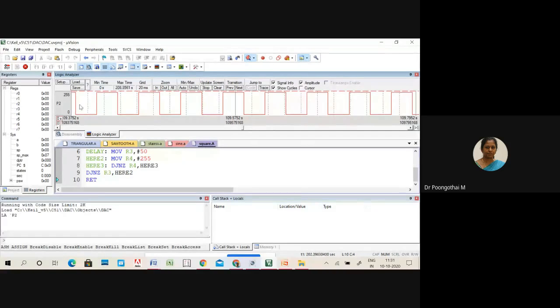So you can see the square wave is being generated at P2. Just stop this and trace the frequency.